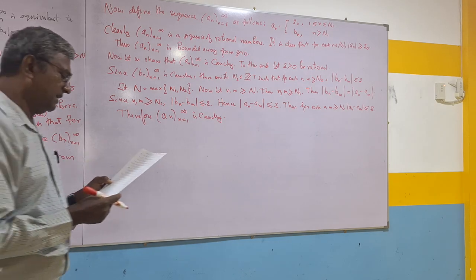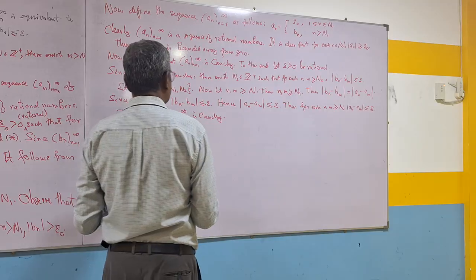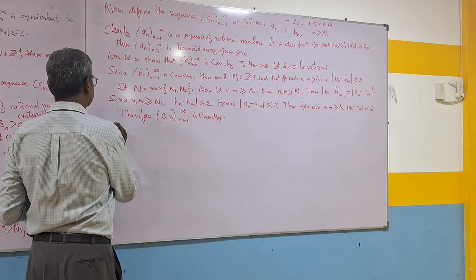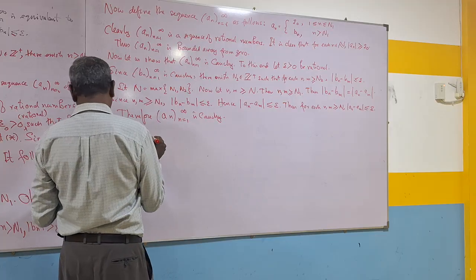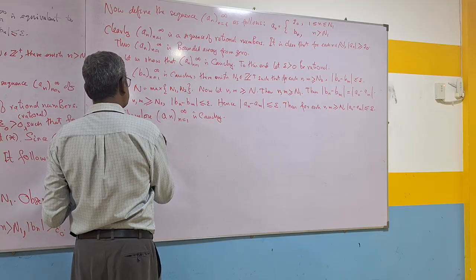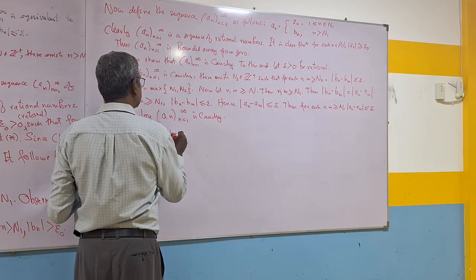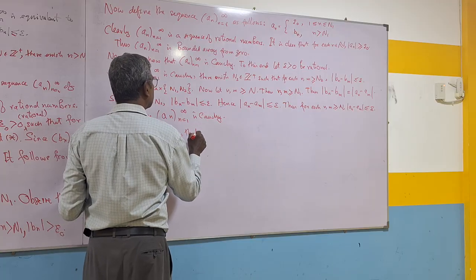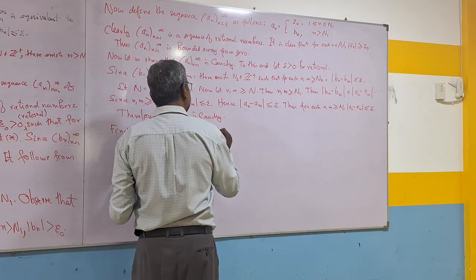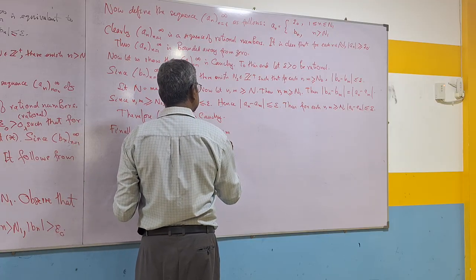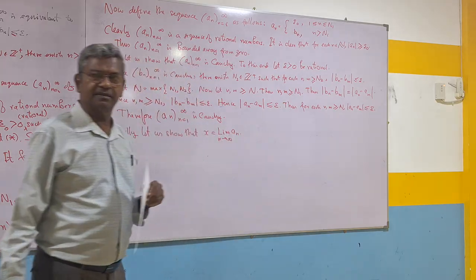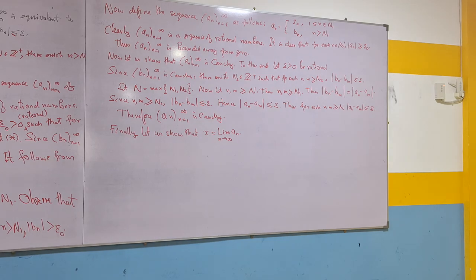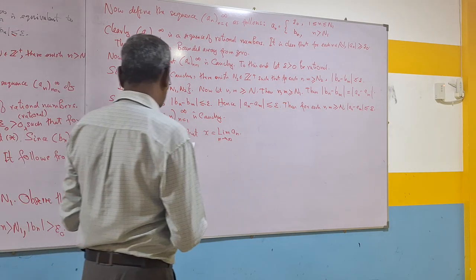So, finally let us show that x is equal to the formal limit of A. That's the only thing that remains to prove.